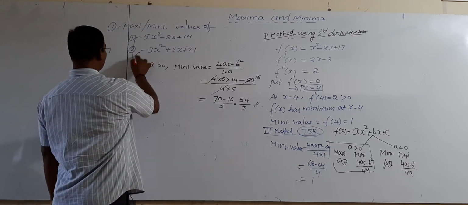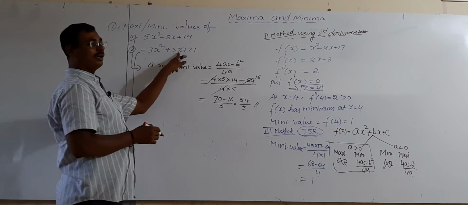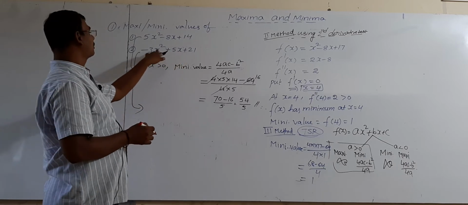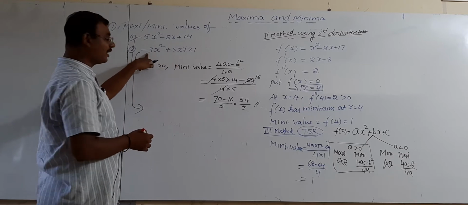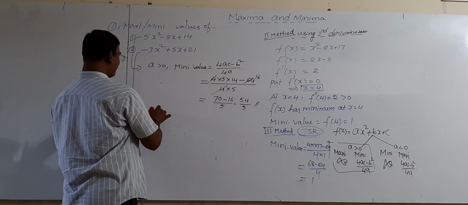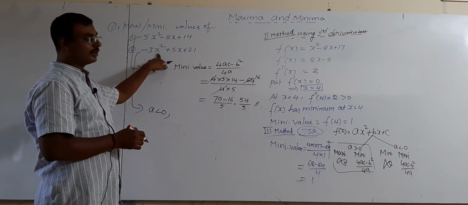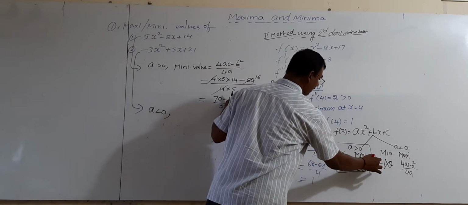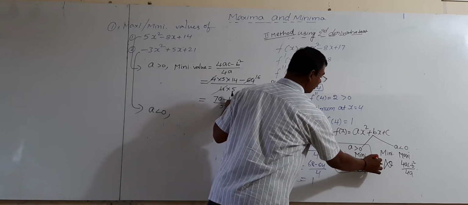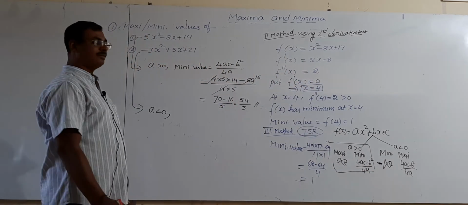If you see the second problem, it also looks like a quadratic form, but a is what? Negative. If a is less than 0, does it have a minimum? No, that is minus infinity. So here minimum is minus infinity, remember, negative value, minus infinity. And does it have a maximum? Yes.